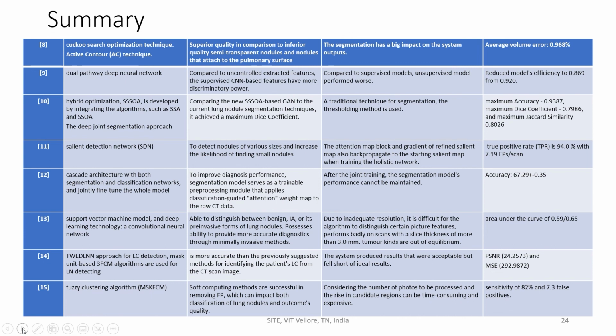Because we can tune the parameters of the model only to a certain extent. At the end, it will sometimes come down to how the images have been provided to the machine learning model.